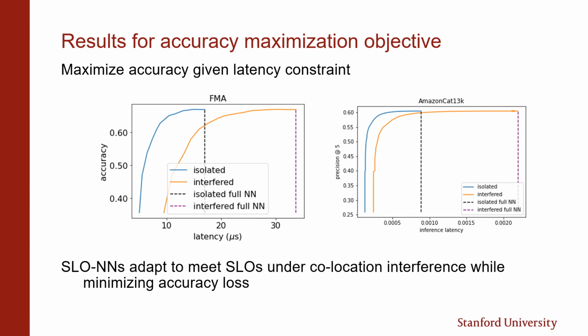The blue and yellow solid lines exemplify the performance of the SLO-NN when it's isolated and collocated, respectively. What we can observe is that even when collocated, the SLO-NN is able to reduce computation such that it lowers latency while maximizing accuracy. And this exemplifies that SLO-NNs can adapt to meet SLOs under collocation interference while minimizing accuracy loss.